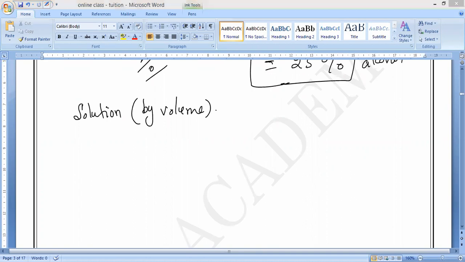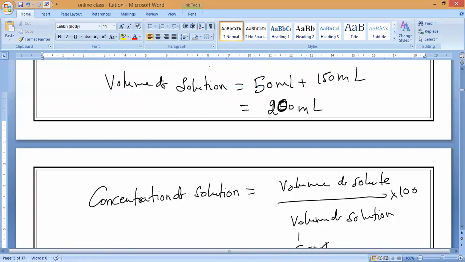Now the second question. Solve it, take your time. Are you clear? This is volume percentage, volume concentration. The earlier one was mass concentration.